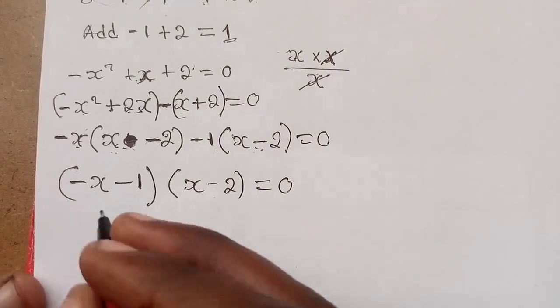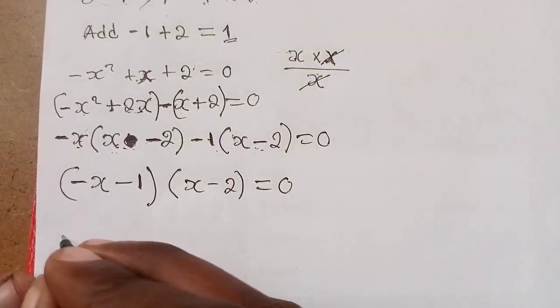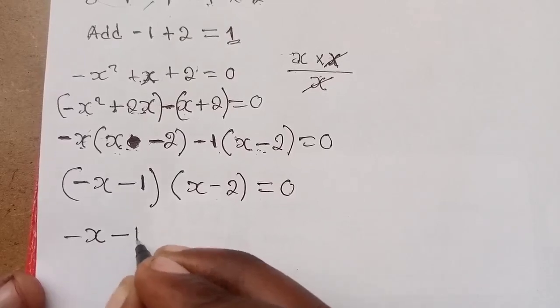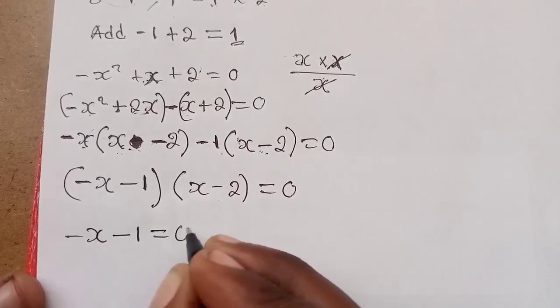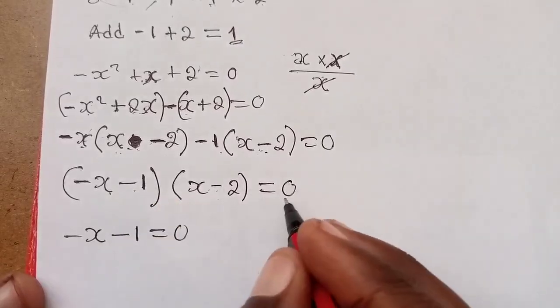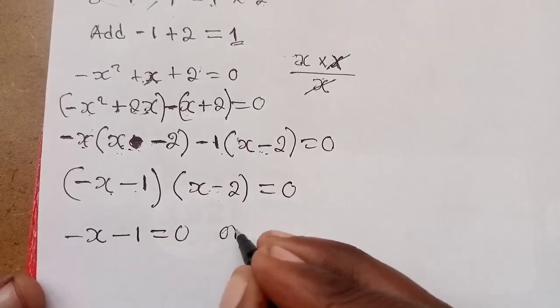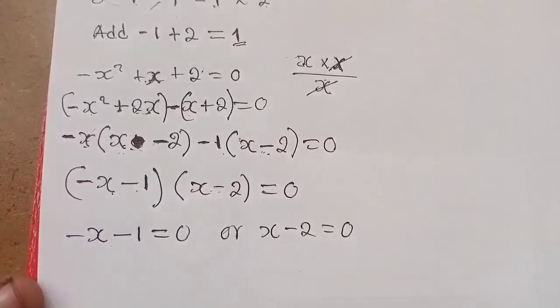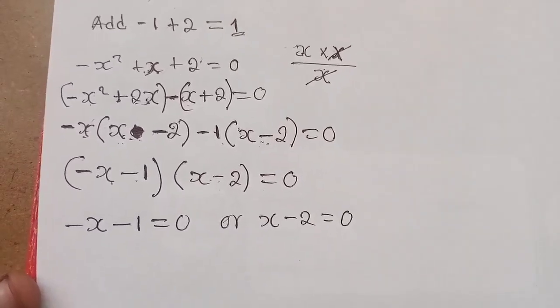So from here we can say that negative x minus 1 is equal to 0. You equate these variables to 0, or x minus 2 is equal to 0. As simple as that.